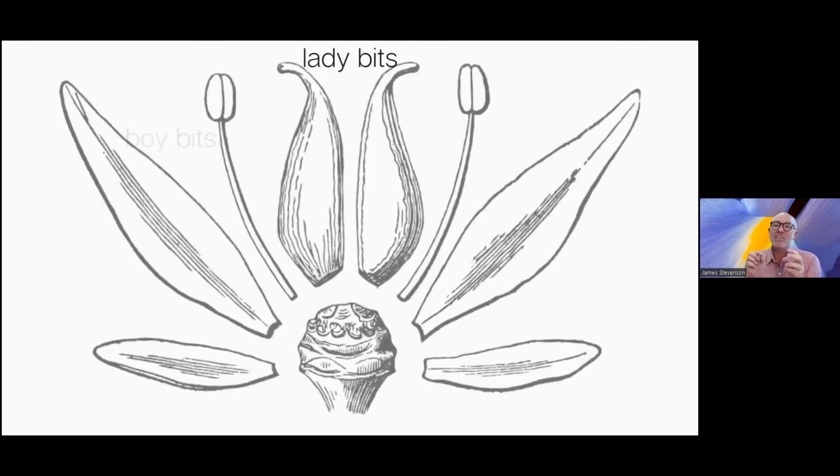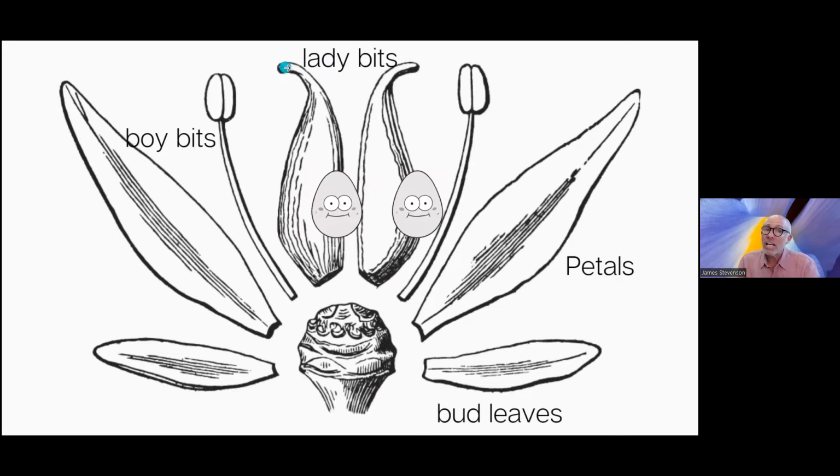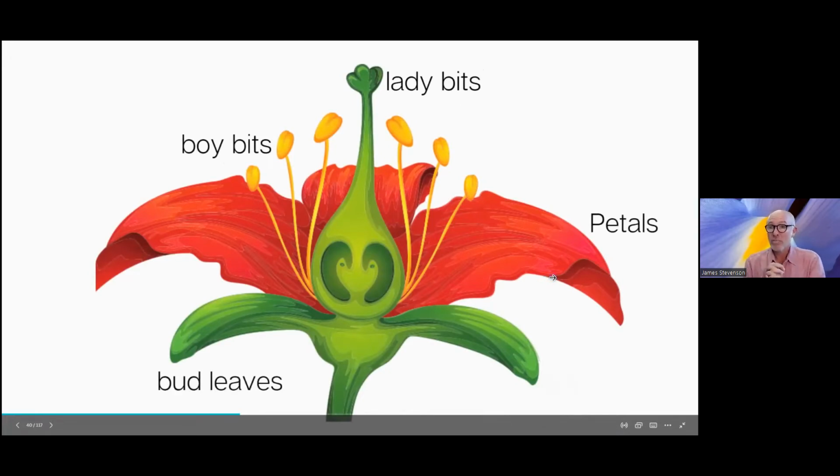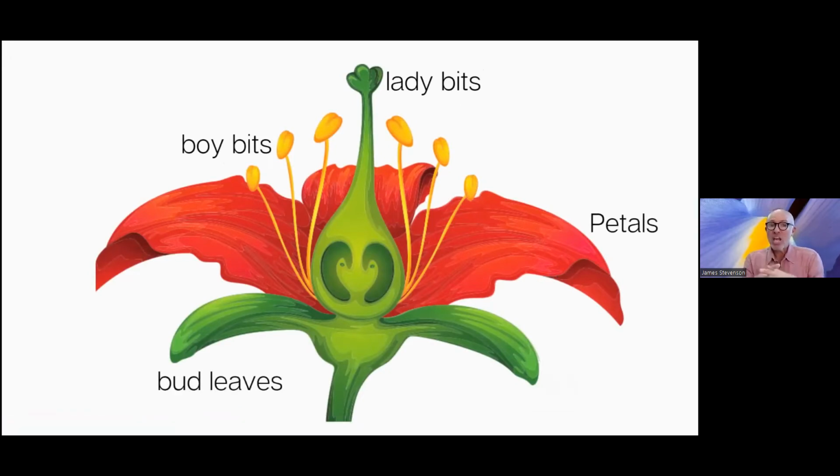Even though an individual carpel is a stigma, style and ovary, once you fuse them all together in the typical configuration, that mystic middle, that one single unit, is referred to as the ovary.